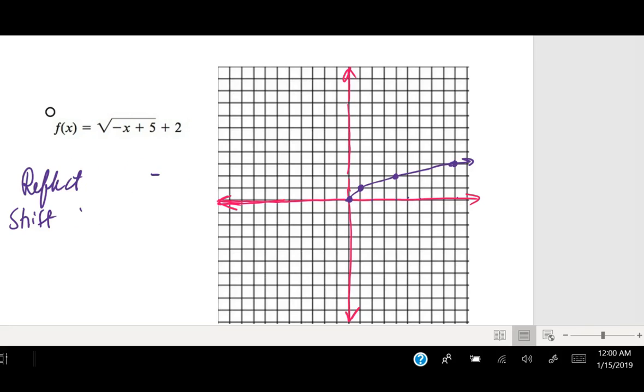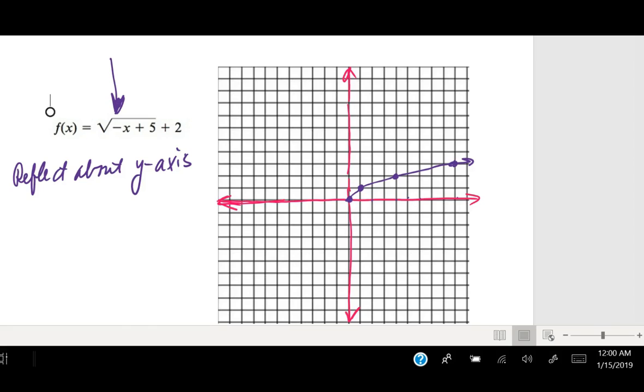Let's try this again. Let's see how this function is transformed now. I always start by looking for a reflection. Very important. And if you notice, there's a minus sign in front of the x. If the minus sign is directly in front of the variable, I'm going to reflect about the y-axis.